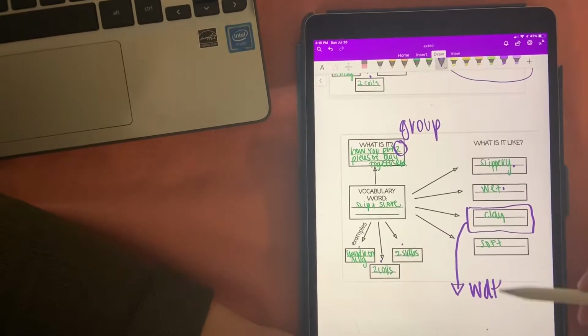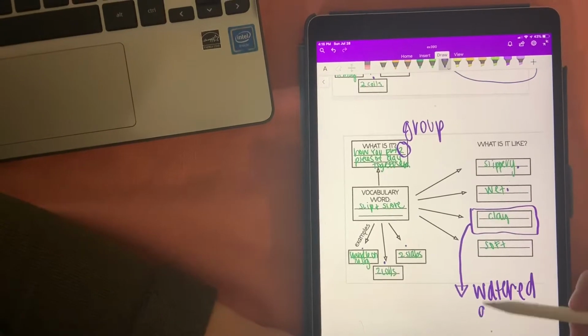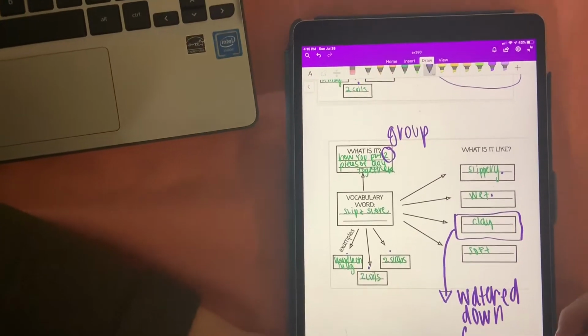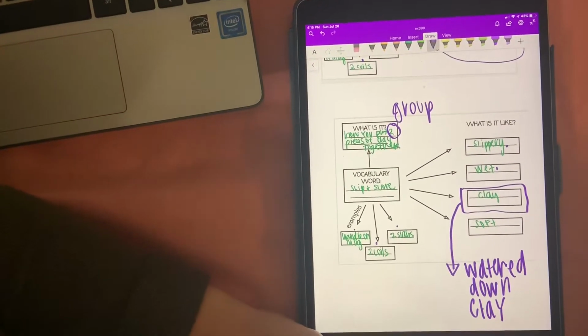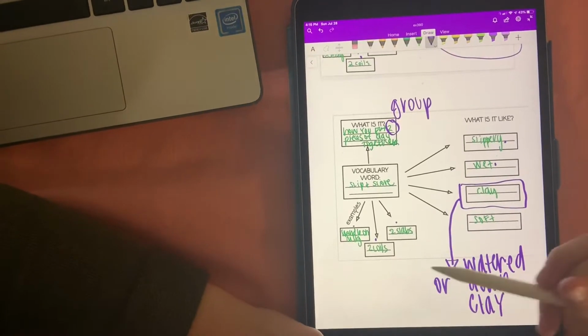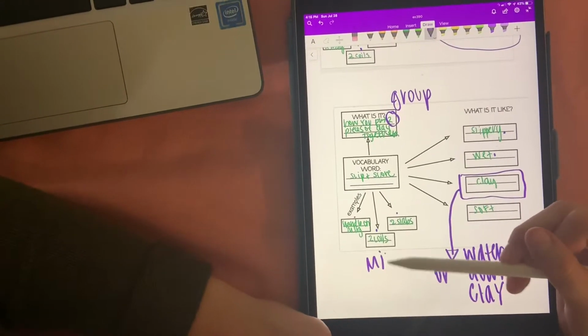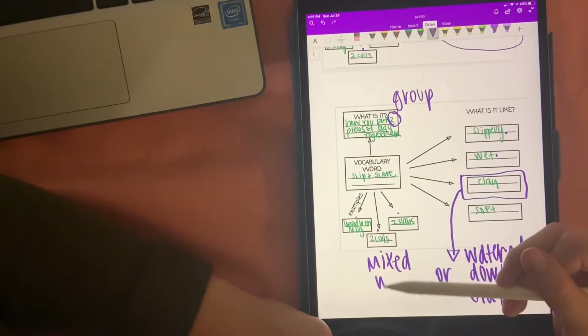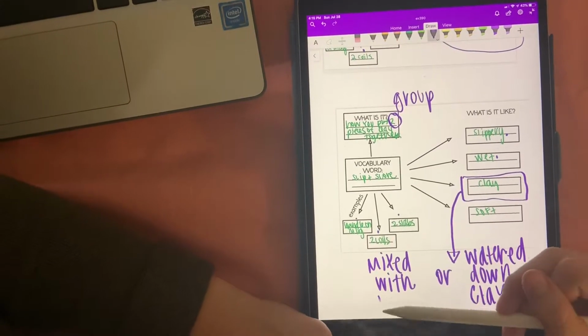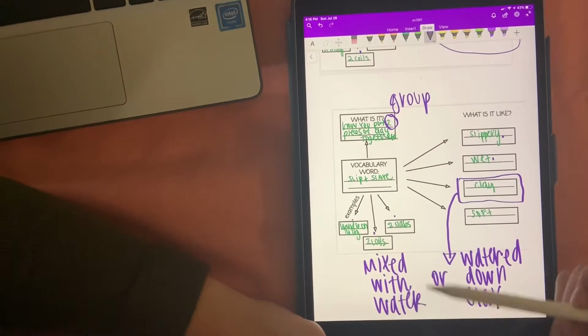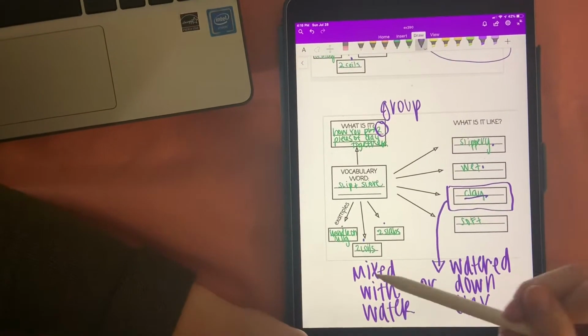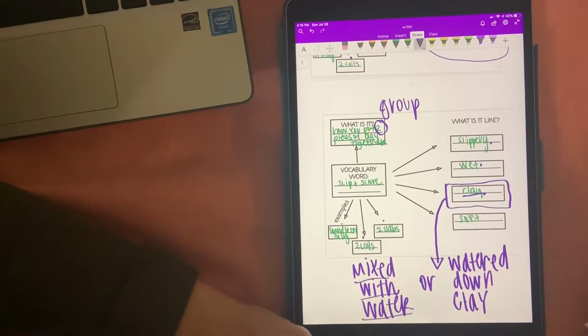So I want them to say watered down clay. Or they can say mixed with water, as in adding that on. So it would be clay mixed with water.